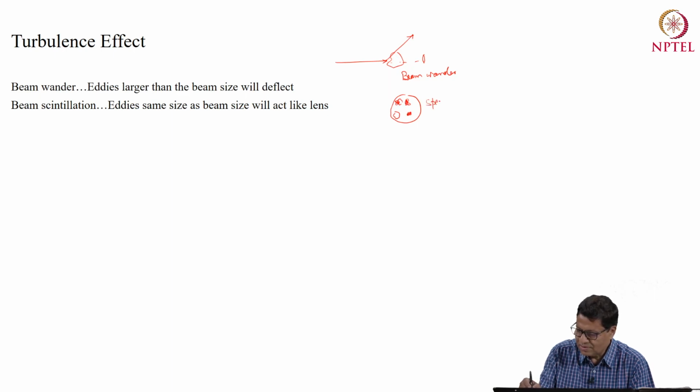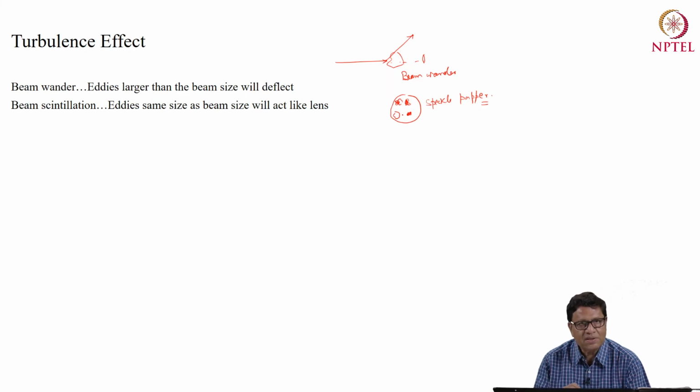This is also called a speckle pattern. This is what is called beam scintillation, and it is because of the eddies which are of similar size as the beam size. There are ways of handling these anomalies and mitigating this effect, which we will discuss later.